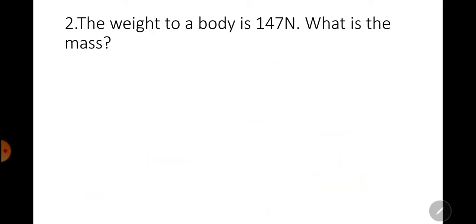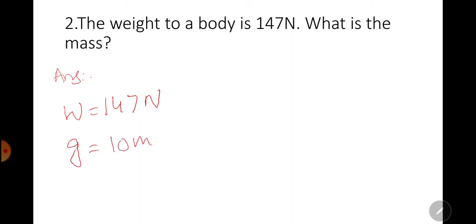The weight of a body is 147 Newton. What is the mass? Answer: weight of the body is 147 Newton. The value of g is 10 for simplicity; we use 10 meter per second square. What is the mass of the body?